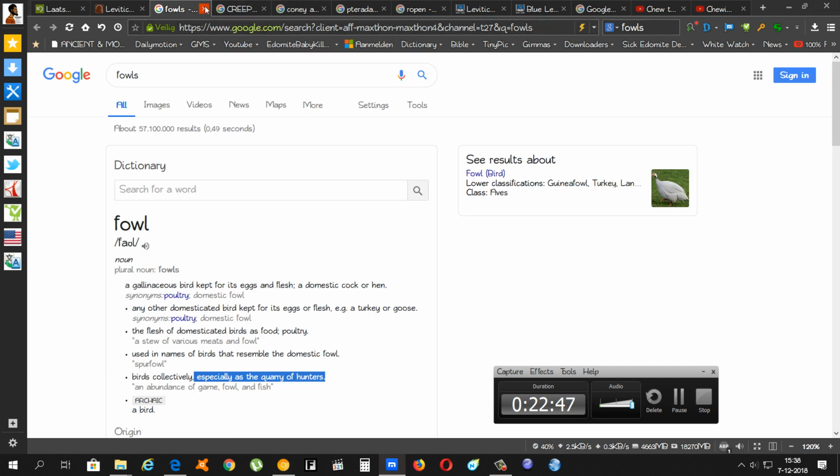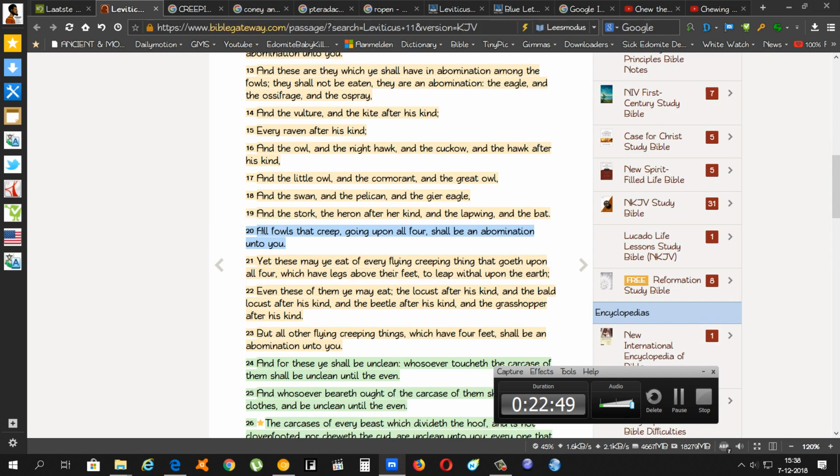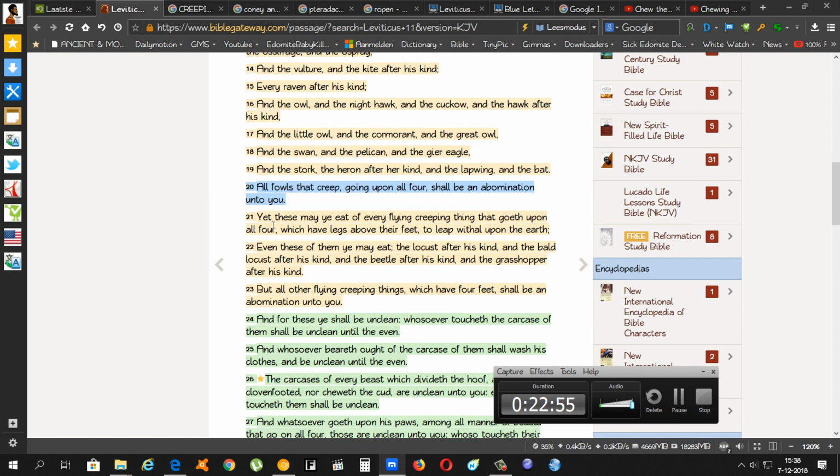Right. And all fowls that creep, going upon all 4, shall be an abomination unto you. Yet these may ye eat of every flying creeping thing that goeth upon all 4s. See, it's talking about flying creeping things, right? As it says here, fowls, so flying things that creep, which have legs above their feet, to leap withal upon the earth.